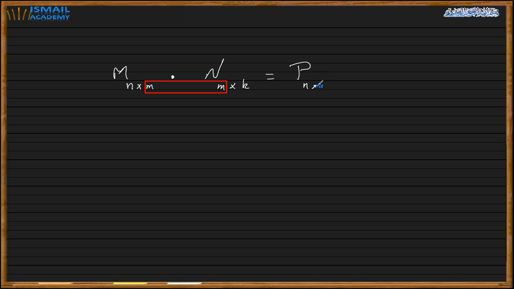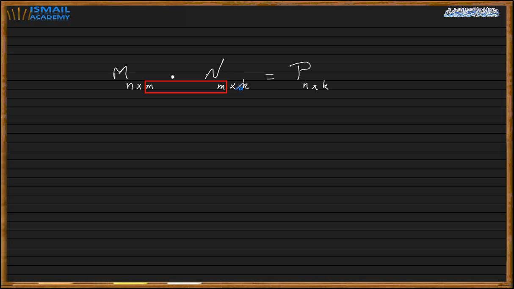So the dimension will be N by K. So this is the third key we need to have. The first thing, you need to know the dimension of the matrix, the entries of the matrix. The second key, you need to know how to multiply row by column.